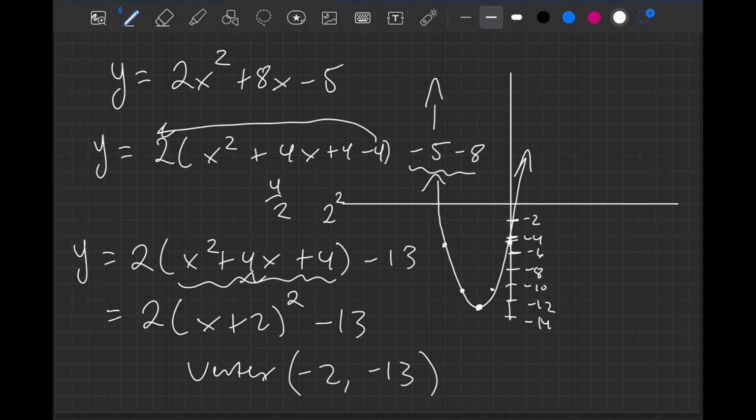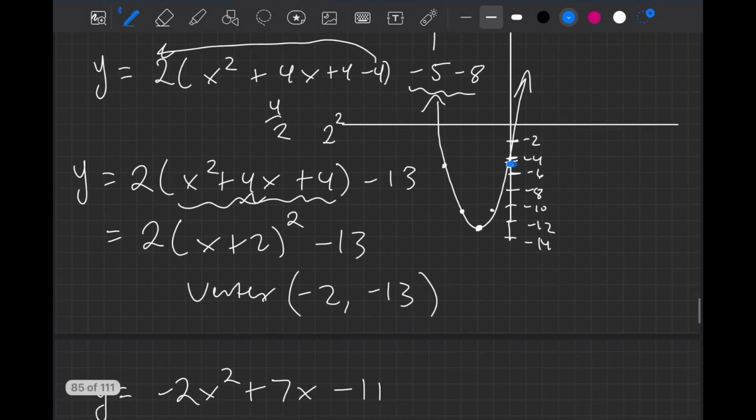Okay. You can find the y-intercept by plugging in 0, and that's going to be at minus 5 as well. So the y-intercept is (0, -5). And you can factor it to find x-intercepts as well if your teacher needs that.